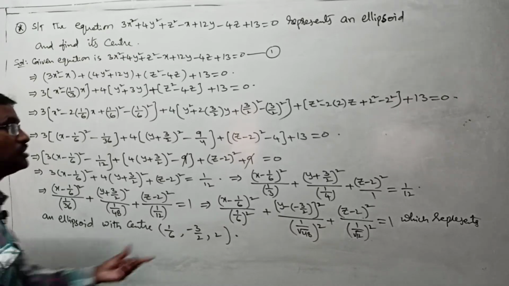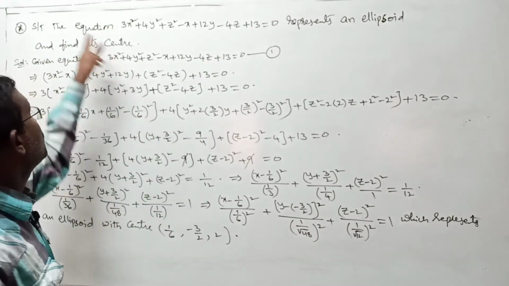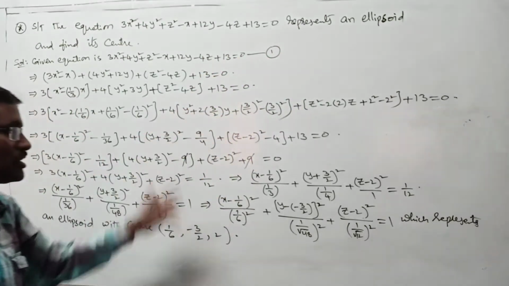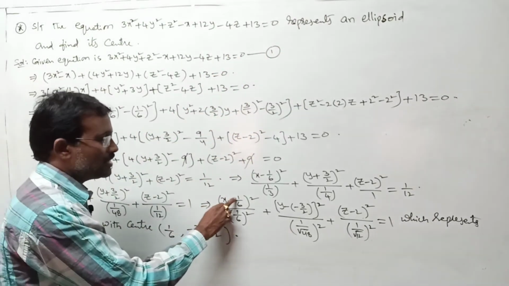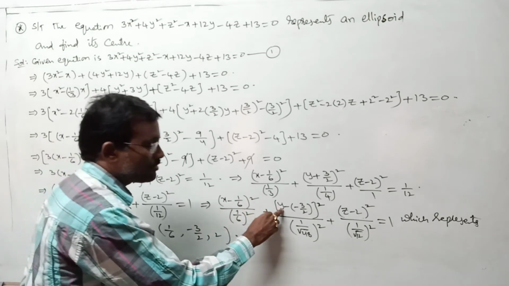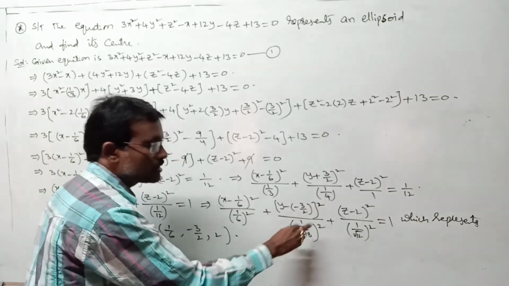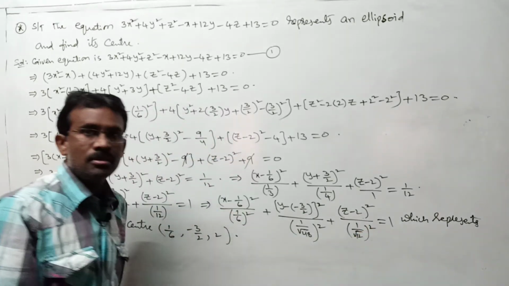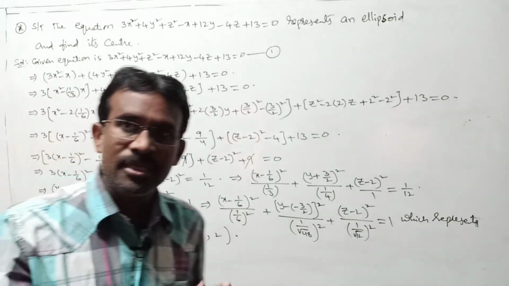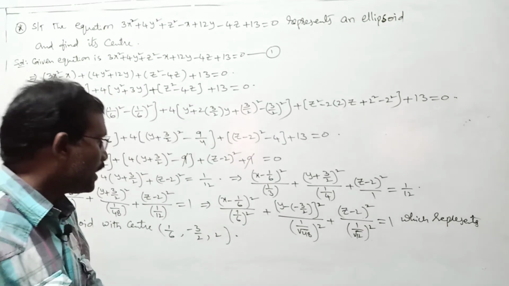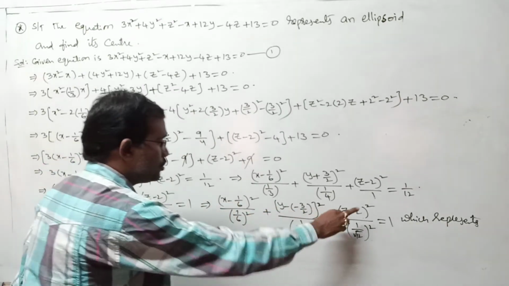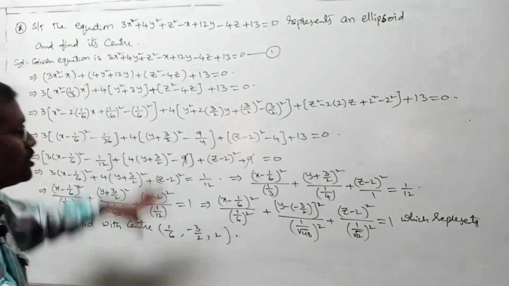This is the answer to your question. If they give some equation, to check whether it is an ellipsoid or not, you must write it in the form (x minus h) whole square by a square plus (y minus k) whole square by b square plus (z minus r) whole square by c square equal to 1. If that formation is available, then you say it represents an ellipsoid. And what is the center here? 1 by 6, minus 3 by 2, 2 is the center. This is about your question.